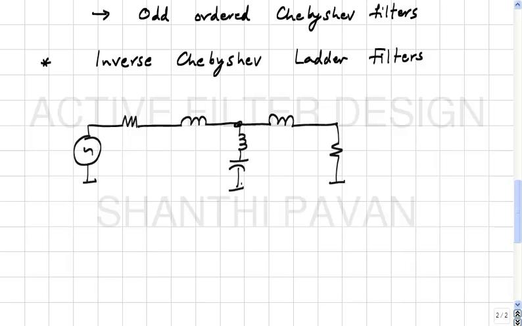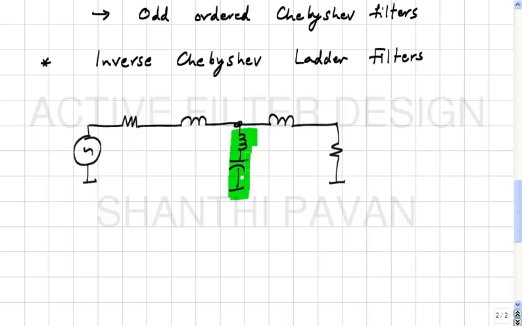So at the zero of transmission, what happens? What is the impedance of a series LC circuit? It's not zero, it's only zero at one particular frequency, the resonant frequency. So that goes to zero. A series LC circuit impedance goes to zero at 1 by square root LC.